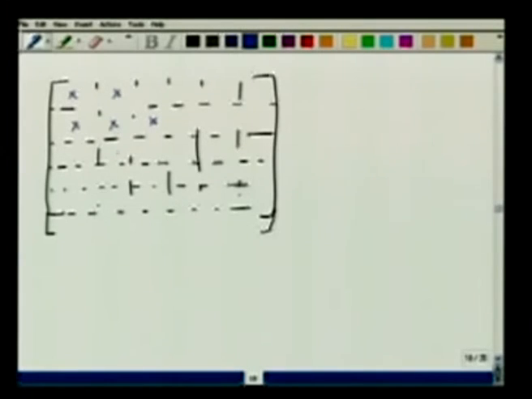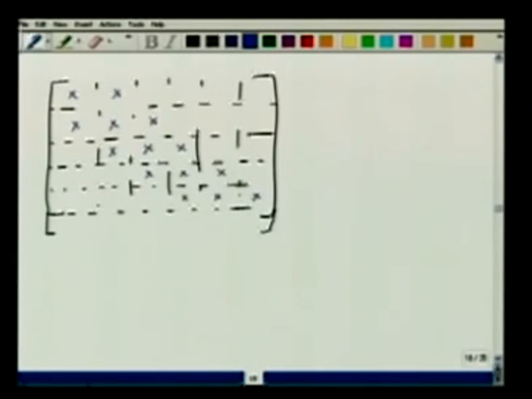For the third row, the second column, that is the i minus 1th column, the ith column and the i plus 1th column are going to be non-zero. For the fourth one, you will have the third, fourth, and the fifth. For the fifth one, you will have the fourth, fifth, and the sixth.